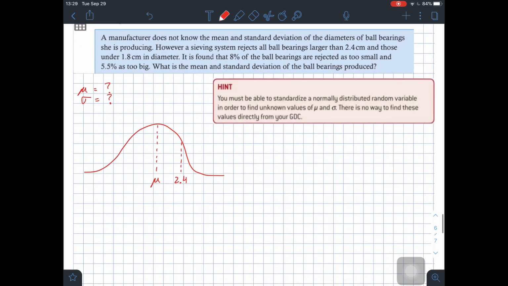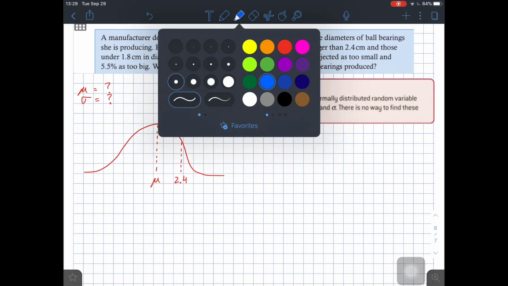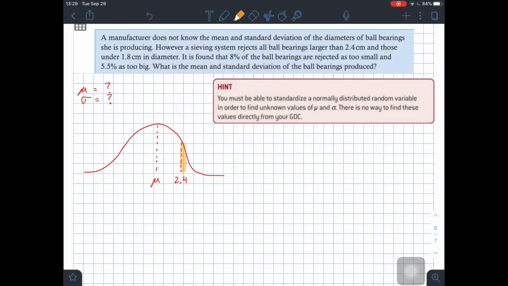And that 5.5%, let me do this with orange maybe. This area over here should be equal to 5.5%, right? So this is 5.5%. And then we know that 1.8 are the ones who are 1.8 or below are also rejected, and those represent 8% of my information.